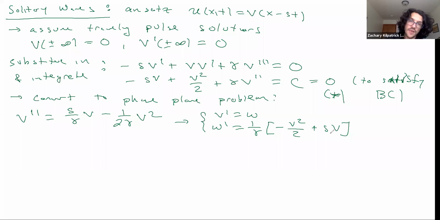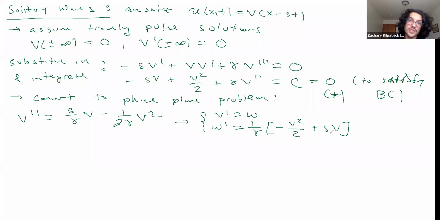Now, what do you do with phase plane problems? Well, back in your ODE class, you start by finding the equilibria, the nullclines, look at the stability, try and understand the trajectories that live in this space. What has happened here? Well, we've converted a PDE into an ODE, and the solutions to that ODE should be the shape of the traveling wave solutions that we're looking for.